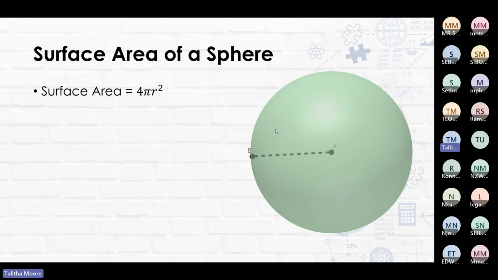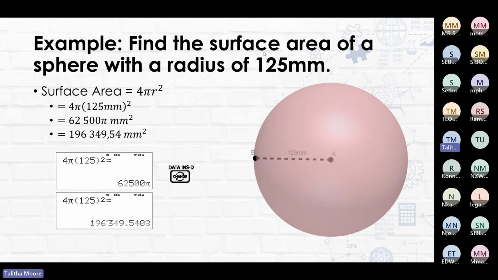So we are just given the surface area formula of a sphere, which is 4 pi r squared. We don't need to go further than that. And so we just use that formula to find a surface area of a sphere. This question is asking us for a surface area of a sphere with a radius of 125 millimeters. So all we do is substitute it into our formula. So it's 4 pi r squared.